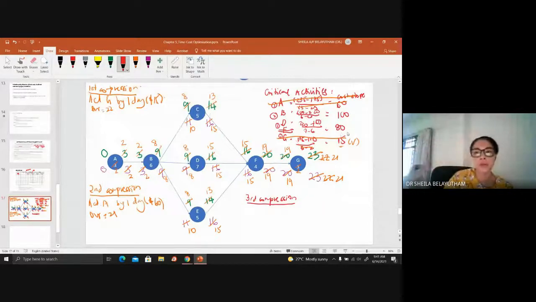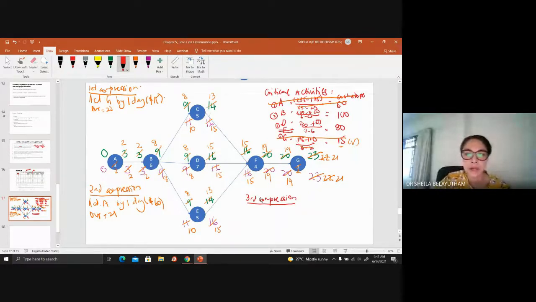Later I will show you because we will have a table at the end. If you put it high, then it does not reflect. We want to find the most optimum duration though. That's the reason we start with the lowest and slowly we move on to the highest. Okay, so later once we place it in the table, you'll be able to see why we actually start with the lowest.